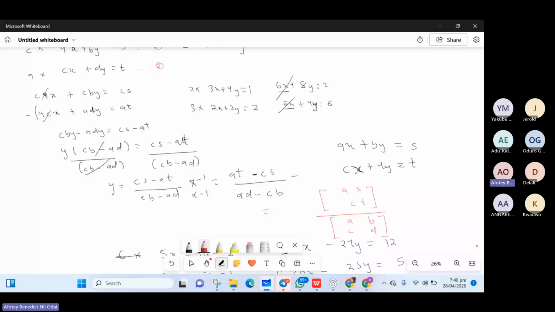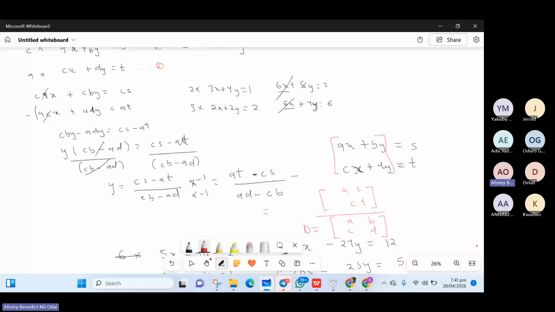Now we can see that this numerator determinant is the determinant of this part of the equation. Please pay particular attention to this part. This determinant here is equal to the determinant of this part of the equation.